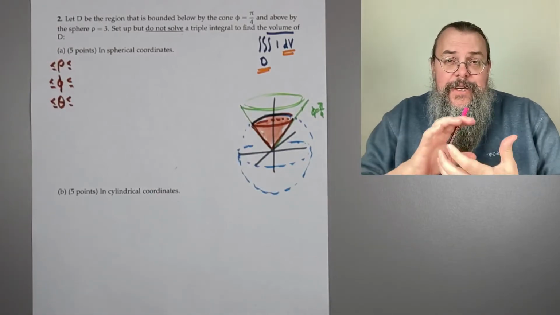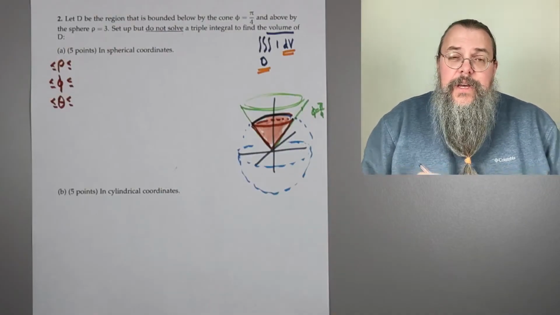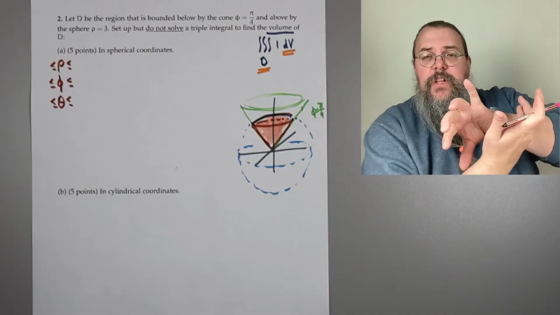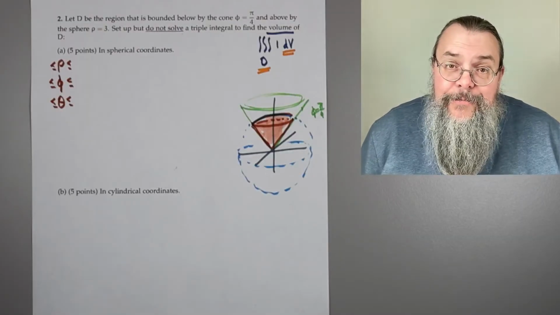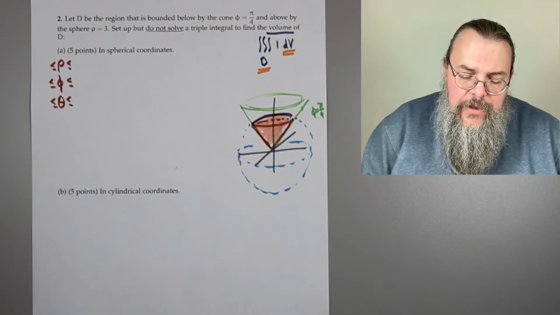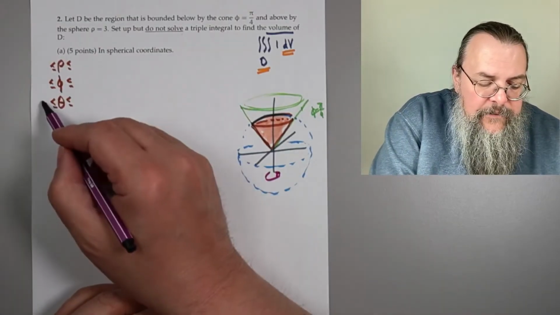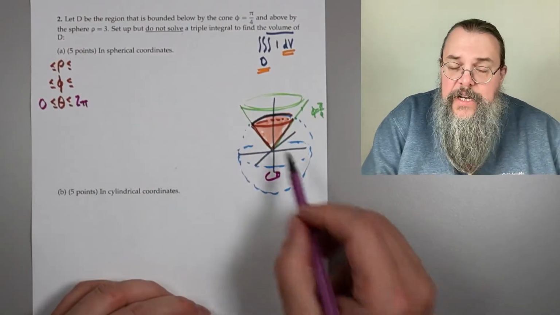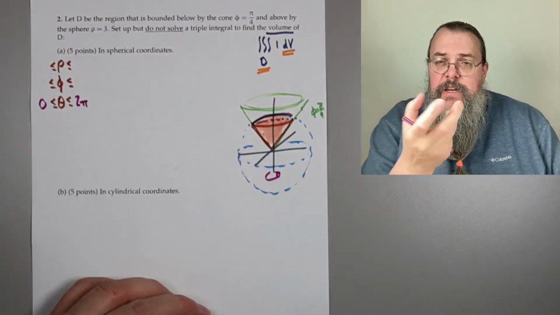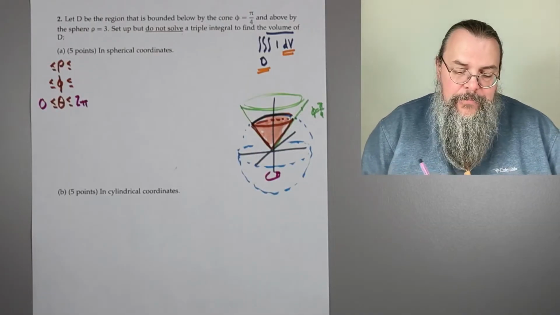Theta is more or less about spinning around the z-axis, and our shape is completely symmetrical around the z-axis. Since we have complete symmetry, theta goes all the way around. It's the same in any direction, so theta goes 0 to 2 pi.